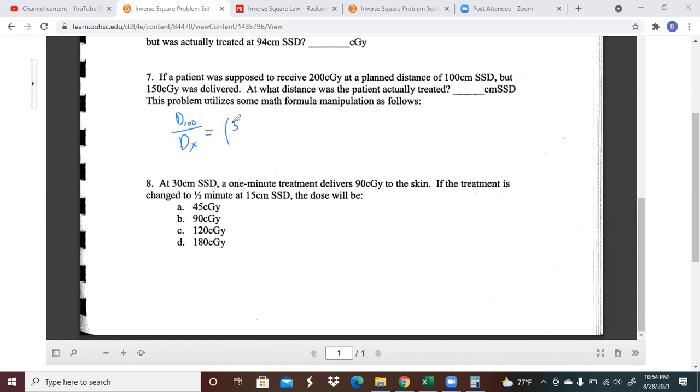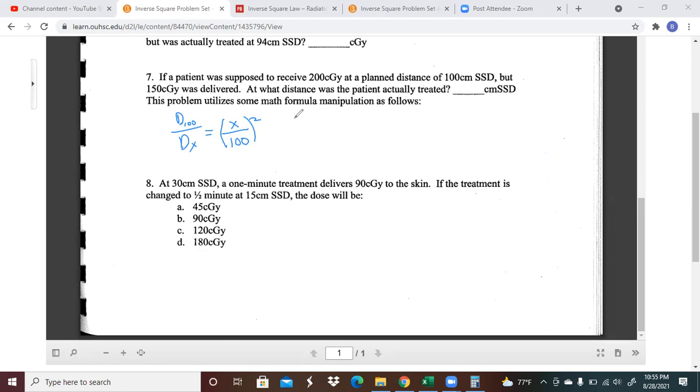We know that it's some value, x divided by 100. Again, we don't know what x is.